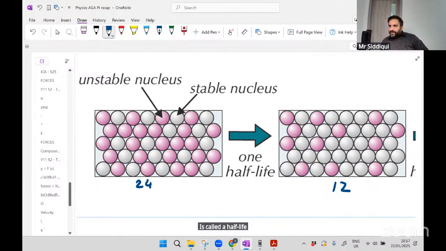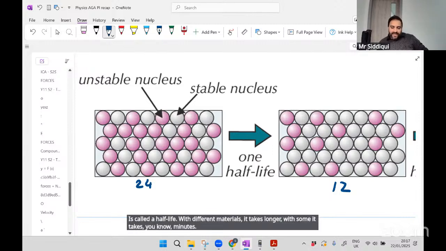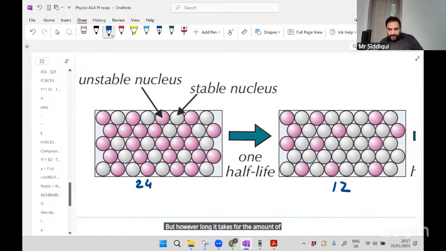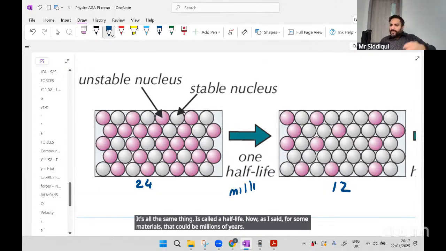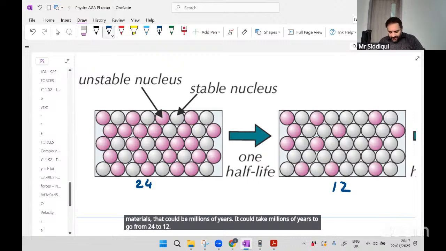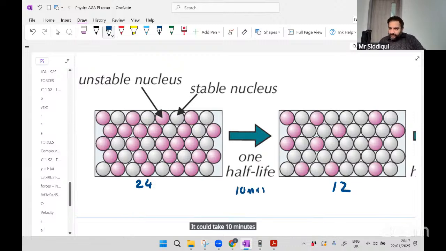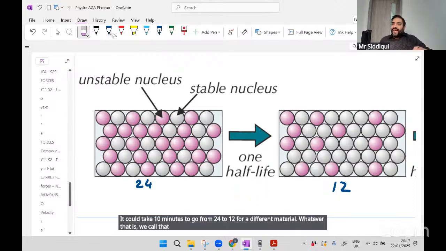With different materials, it takes longer. With some, it takes minutes. However long it takes for the amount of radiation to halve, or the radiation being given out, or the unstable nuclei to halve, it's all the same thing, called a half-life. For some materials, that could be millions of years to go from 24 to 12. It could take 10 minutes to go from 24 to 12 for a different material. Whatever that is, we call that, in general terms, a half-life.